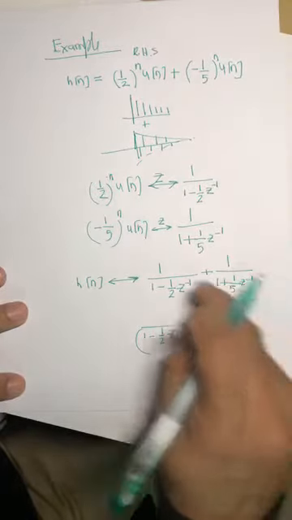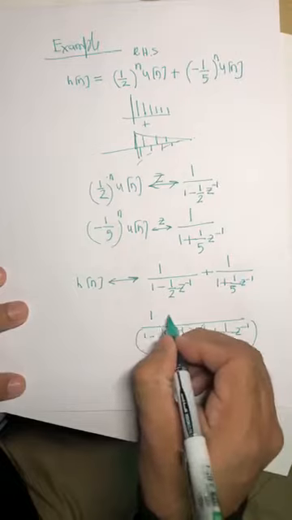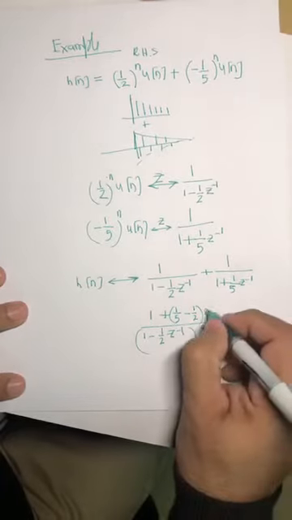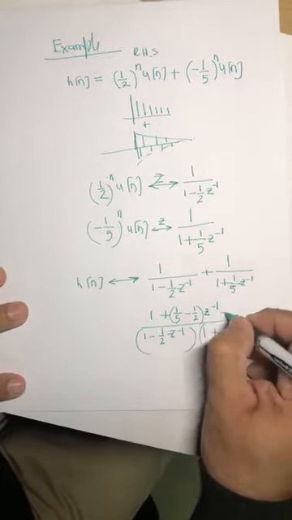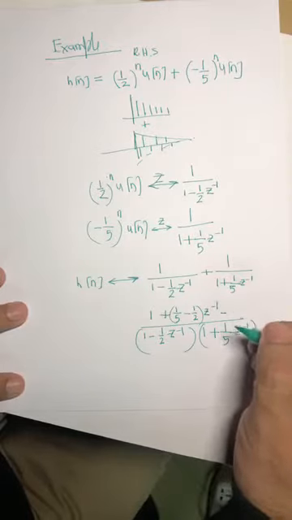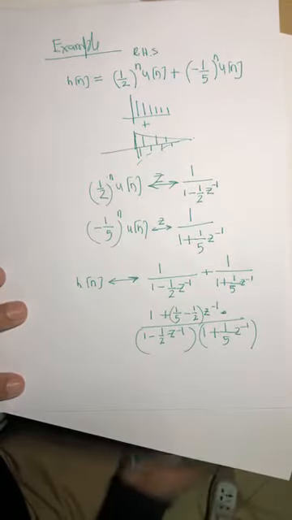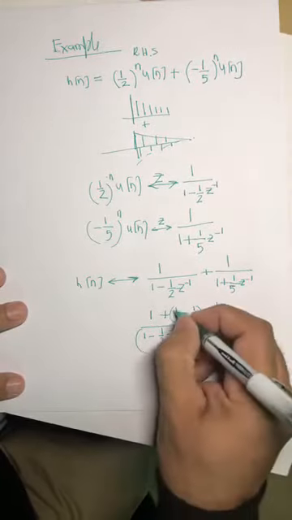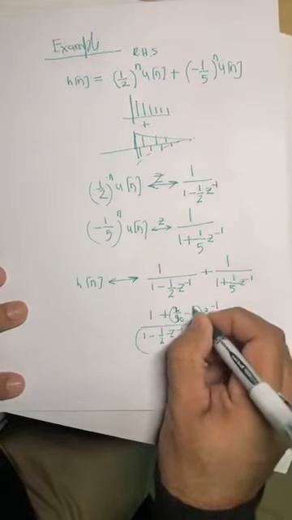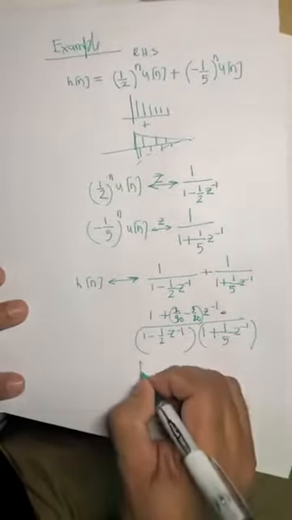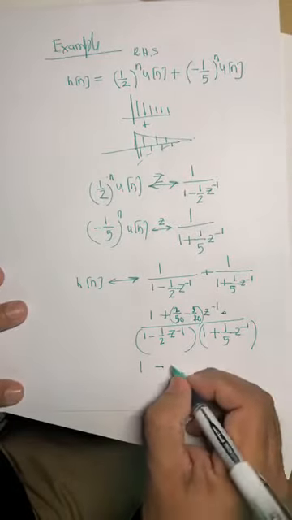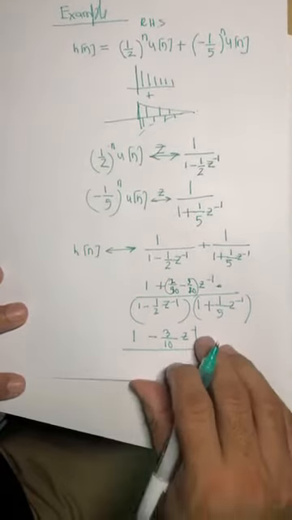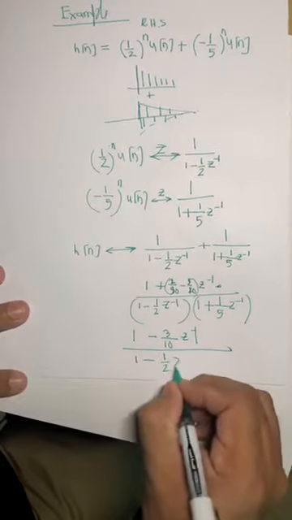So the numerator is 1 plus 1 over 5 minus 1 over 2 z inverse, and that's what you are going to get, okay? Because you have 1 plus this and 1 minus this, so this is 2 over 10 and 5 over 10, and so this is 1 minus, 5 minus 2 is minus 3 over 10, I think so, okay, you can double check, over 1 minus half z inverse.